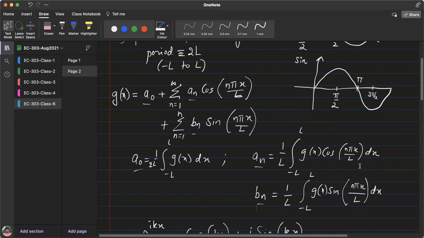Let's stick to sine only, to make our discussion easy. Imagine that I used n equal to 1, 3, and 5, but not 2, 4, and 6. What will be b1, b3, and b5? If I have not used them when I was constructing it, they'll be 0. They will be 0, right?